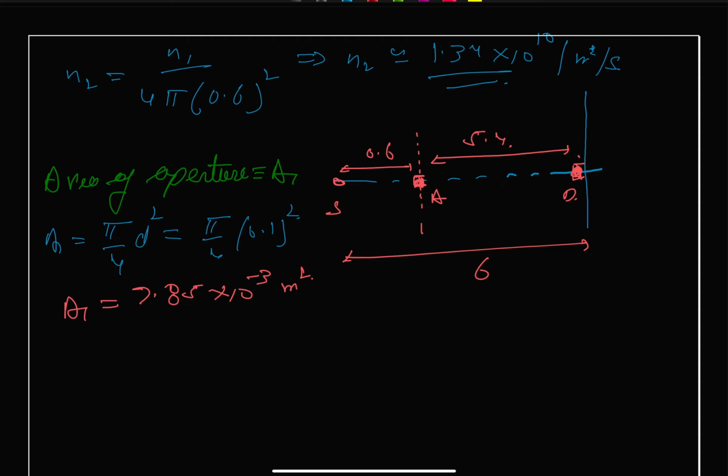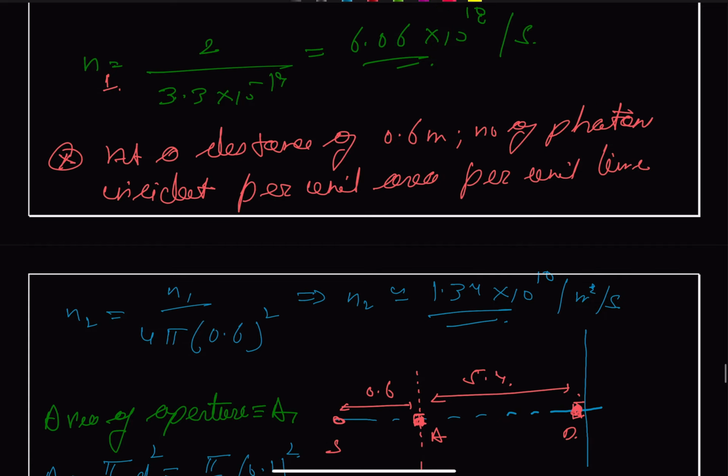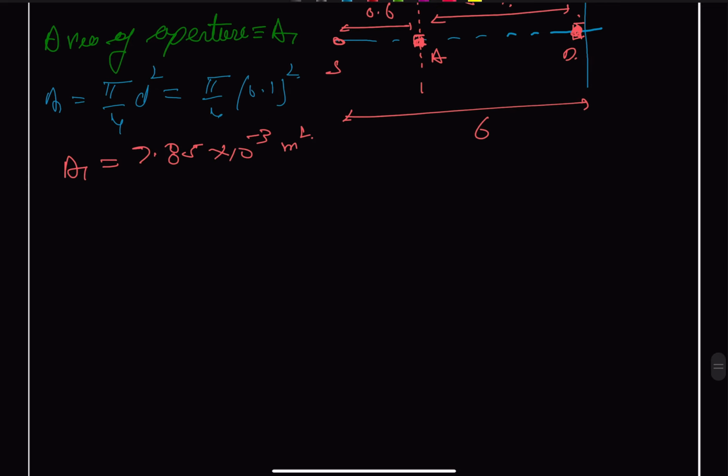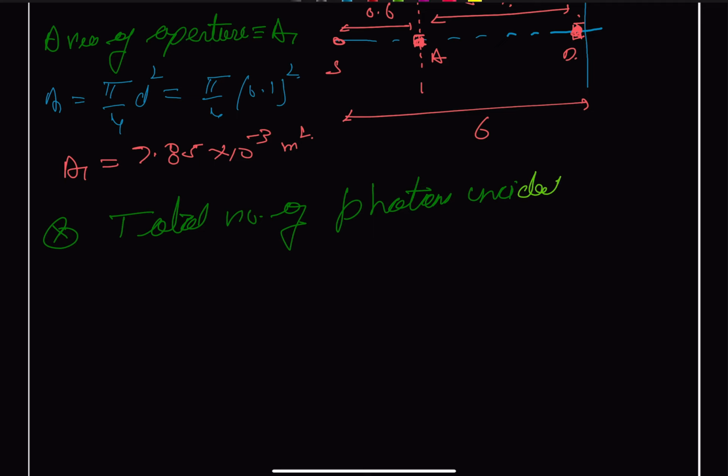So now we can easily find out the total number of photons incident per unit time on the aperture. That is our value of N3. Total number of photons incident per unit time on the aperture.